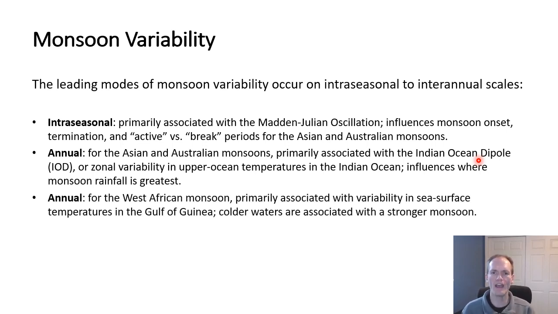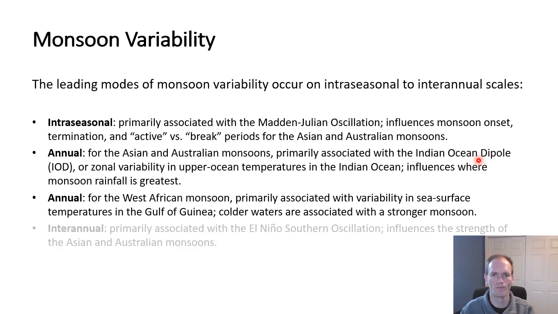As you move to Africa, annual variability here is primarily associated with the sea surface temperatures in the Gulf of Guinea in the equatorial Atlantic Ocean, just south of the part of Africa that sticks out to the west. When you have colder than normal waters there, you get a larger temperature gradient between the cold oceans and the warm Sahel and Sahara region that facilitates a stronger monsoon.